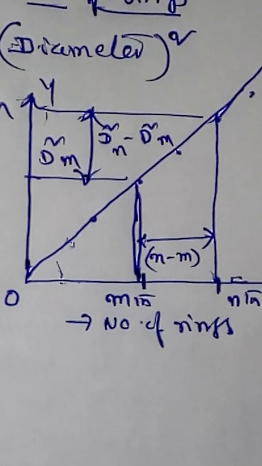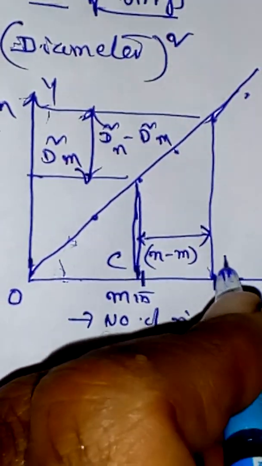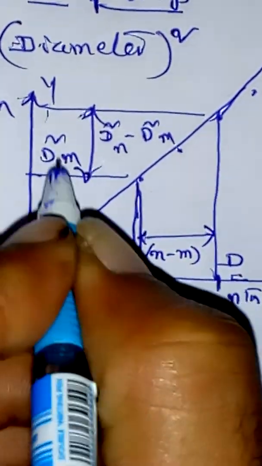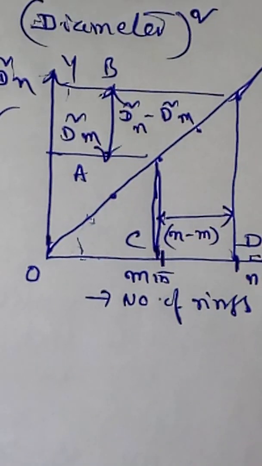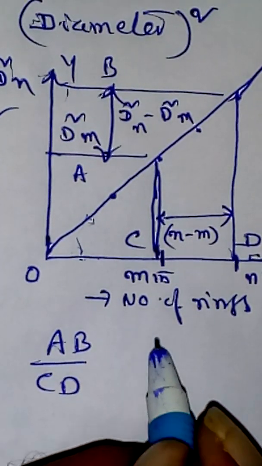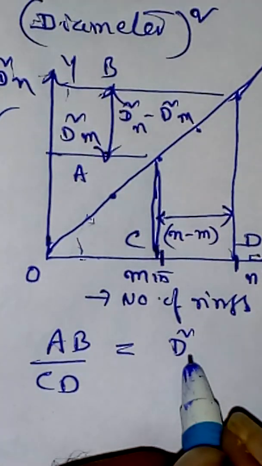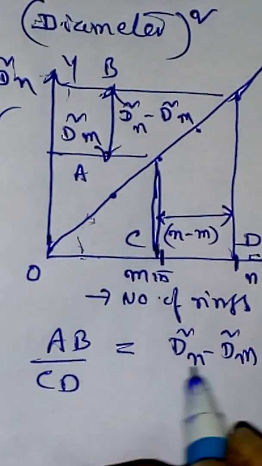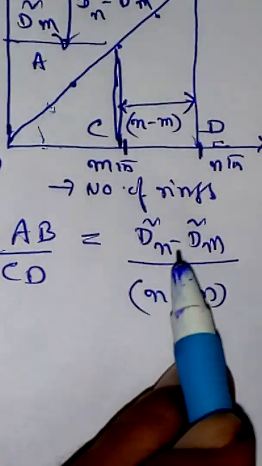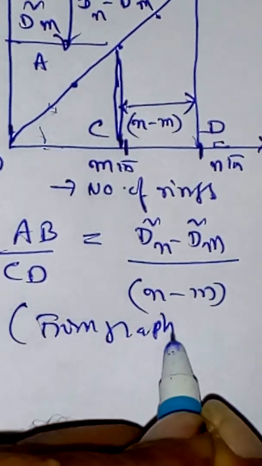So from the diagram, you can name them if you want: you can call them A, B, C, D. If I say AB by CD from the graph, it is nothing but d square n minus d square m divided by n minus m. So d square n minus d square m by n minus m has come from the graph.